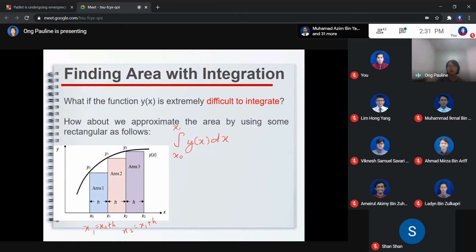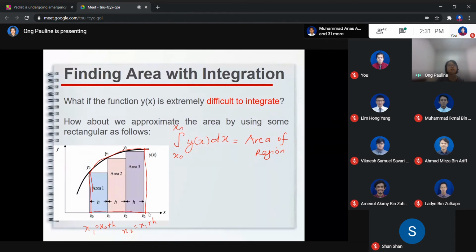to xn, we are actually trying to find the area of the region which is bounded by y(x) here, x equals x0 here, x equals xn here, and also the x-axis.